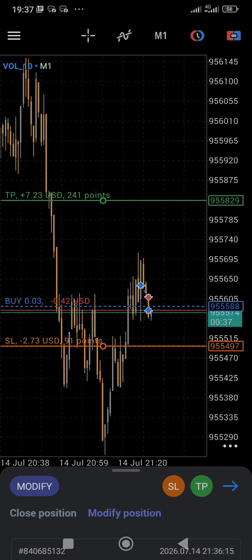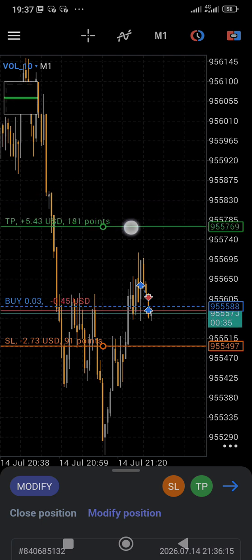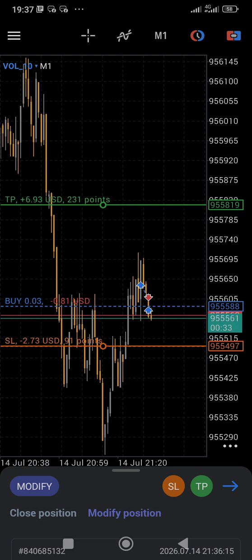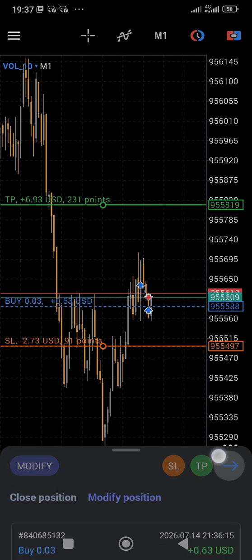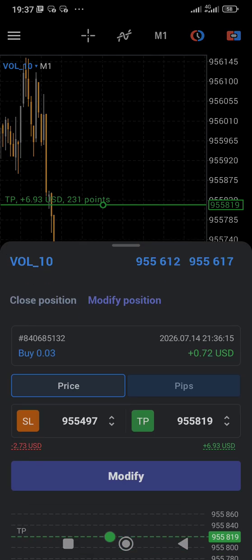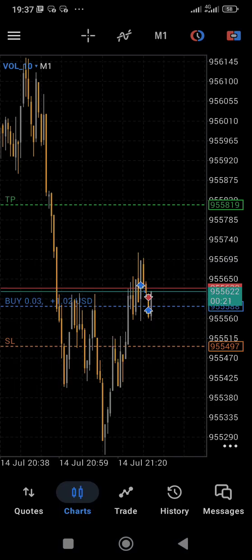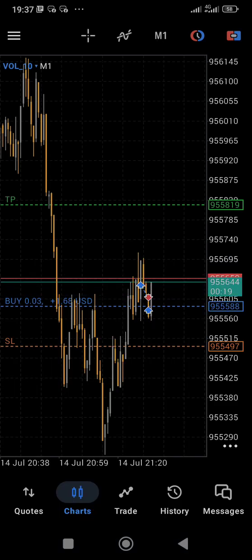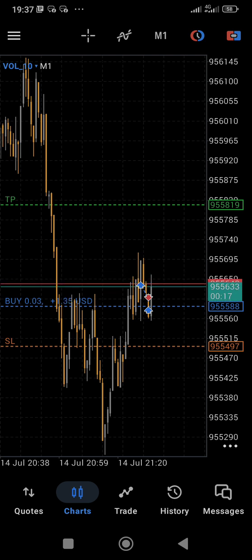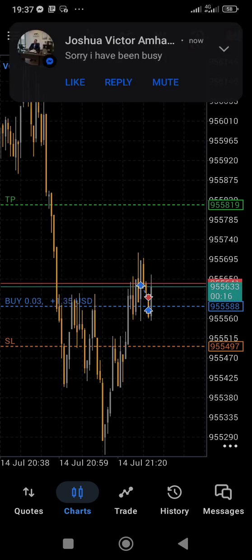Why? Because the leverage is high, so the profit is still going to be higher. The higher the leverage, the higher the risk. If I click on this arrow line after adjusting the take profit, you can see it's already modified. And then what I'm going to do next is show you how to place trades on pending orders.